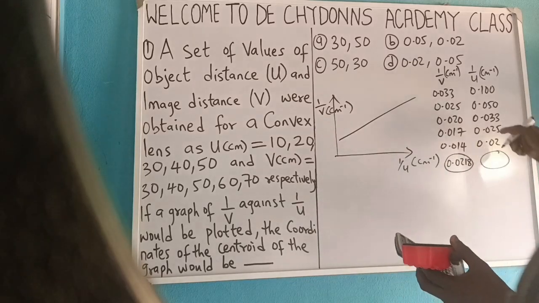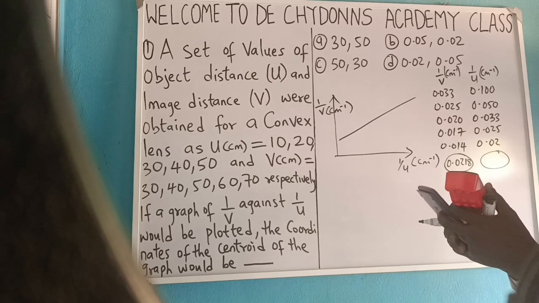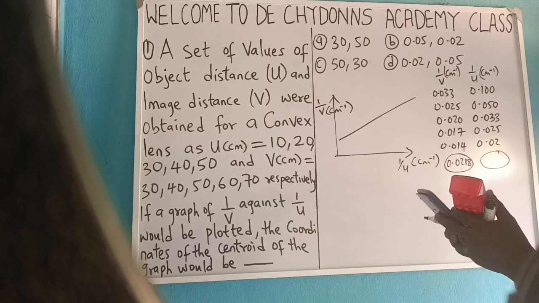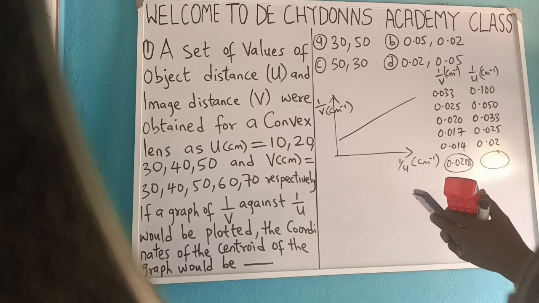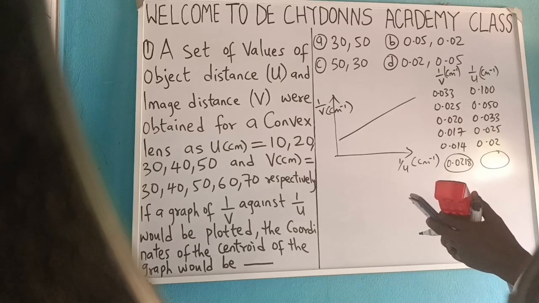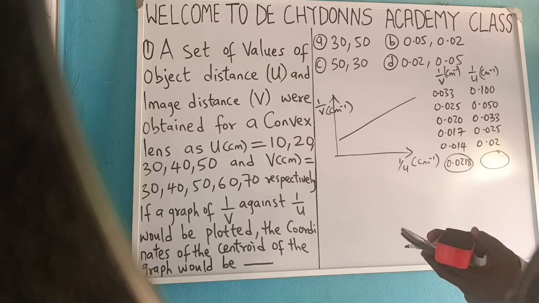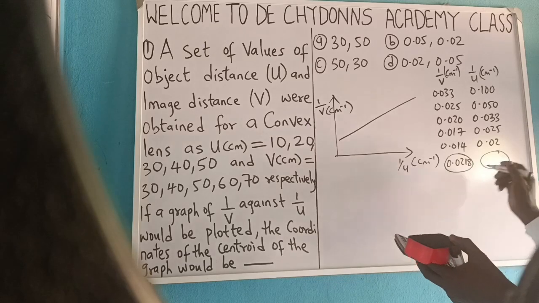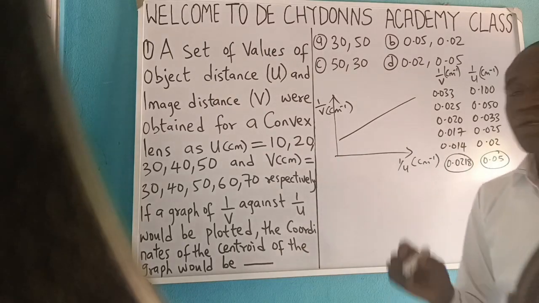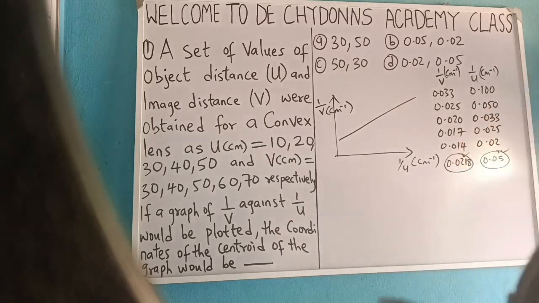Then do the same here: 0.1 plus 0.05 plus 0.033 plus 0.025 plus 0.02, divided by 5. That will give you 0.05 approximately. This is what we call the centroid.